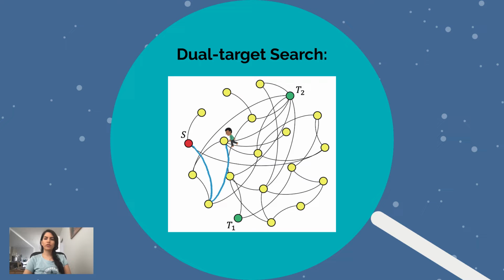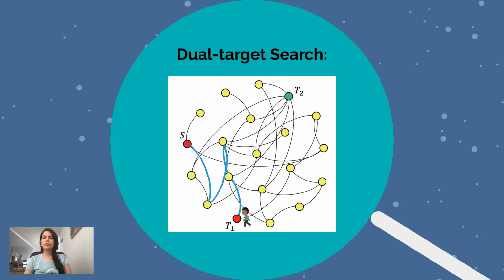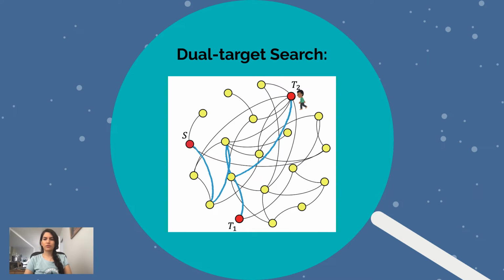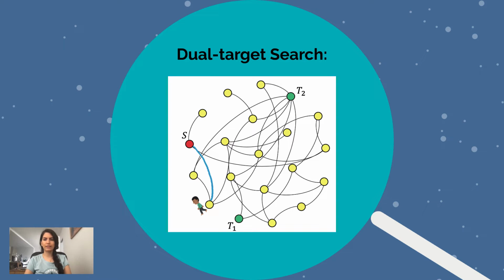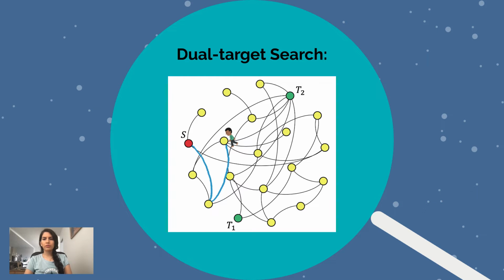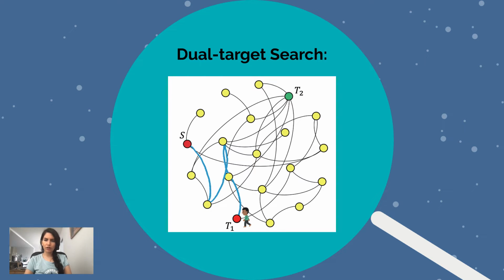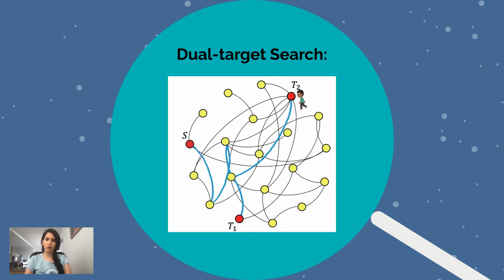As a general overview of the dual target search problem, on a typical network such as the one seen here, a random walker starts from node S and explores the network until meeting both targets of interest labeled T1 and T2 here. Now, to be able to characterize this type of search on a network, we use a partial cover time that can quantify the required time for a random walker to hit several different targets.